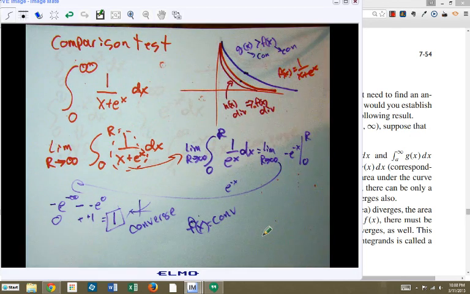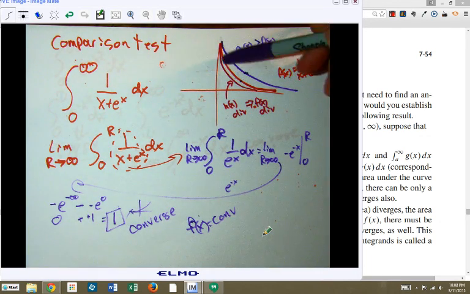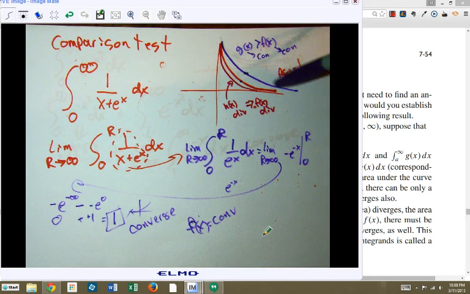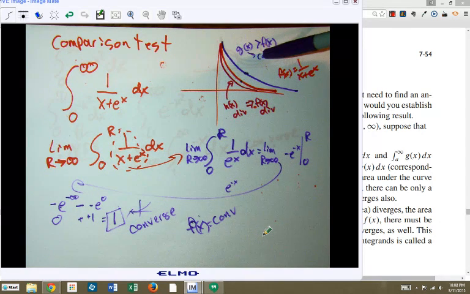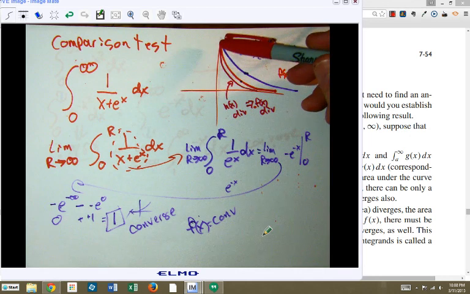The comparison test says if I have something larger than f of x, so in essence higher than f of x, and if this converges, then if something bigger converges, then the smaller f of x must also converge. Now, I can use it in reverse, by the way, and I can say, well, I'm testing whether it diverges.